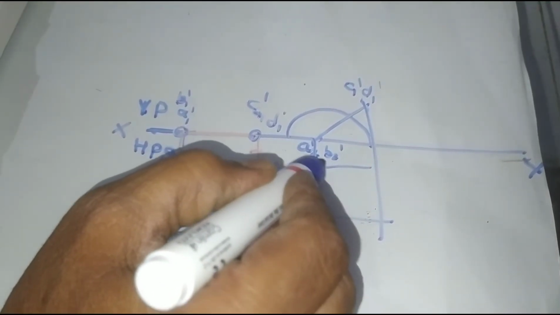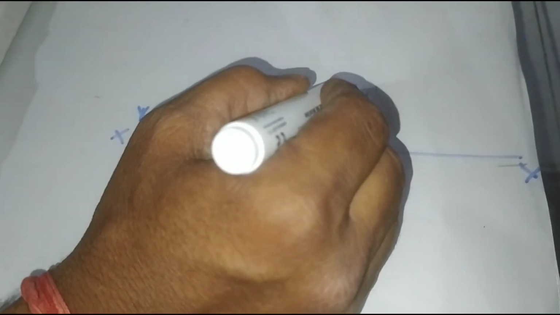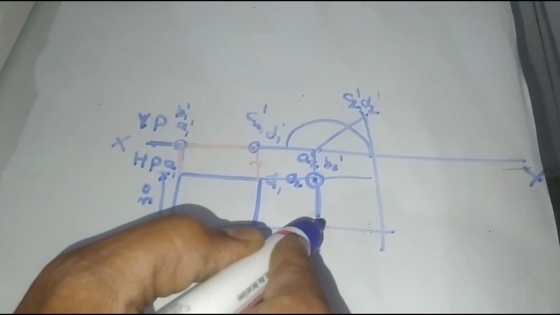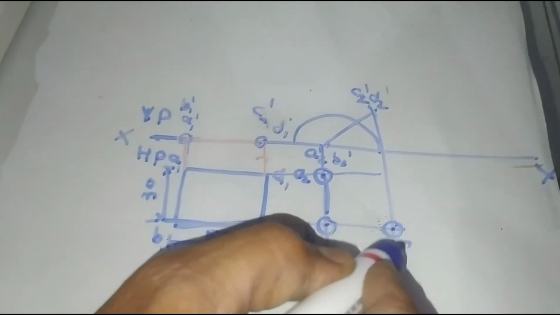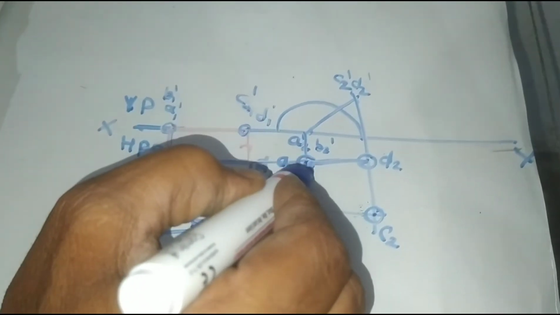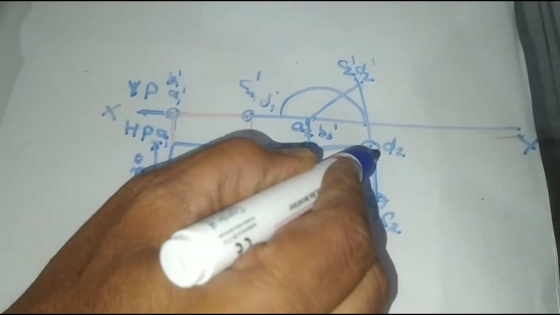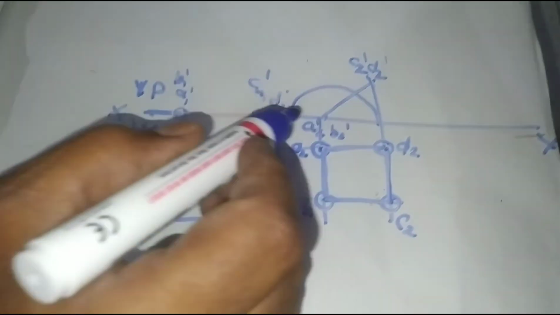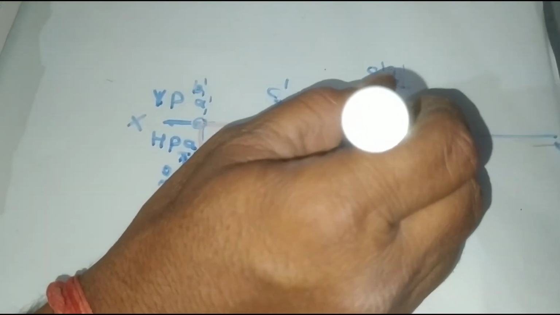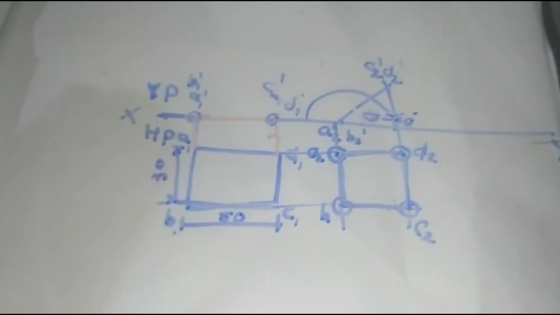This will be your point A2, B2, C2 and D2. I will darken it. There will be a decrease in the length. This is angle theta, which is equal to 50 degrees.